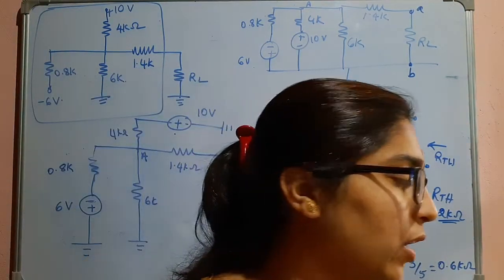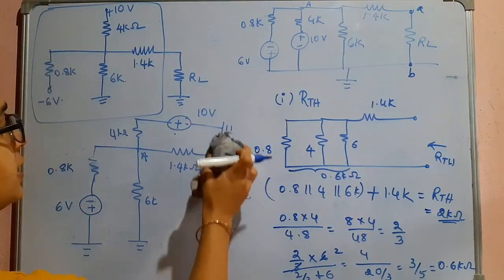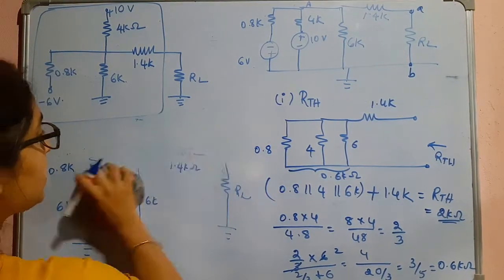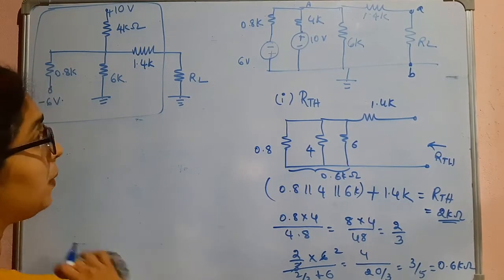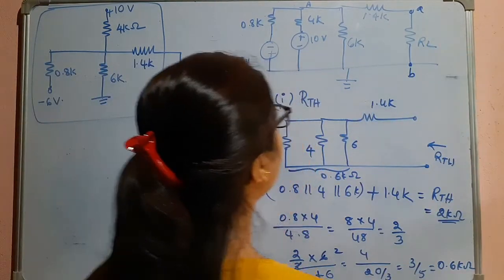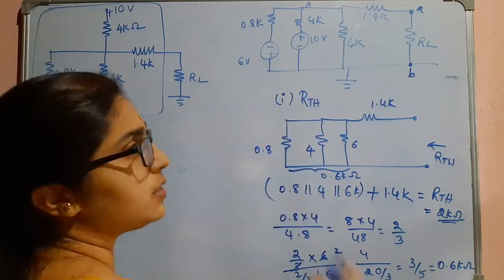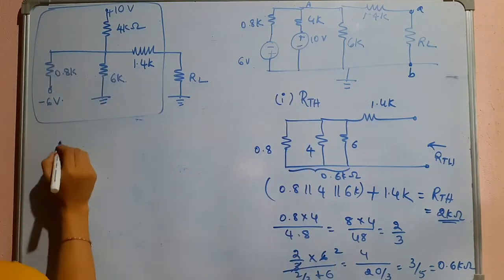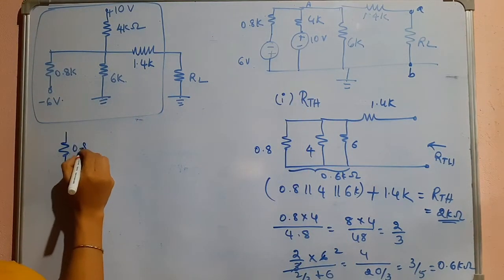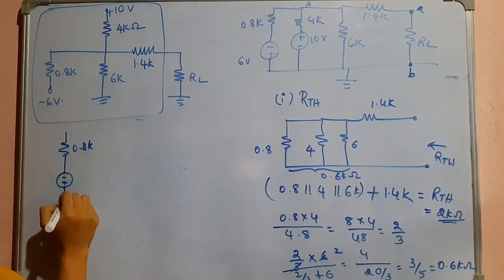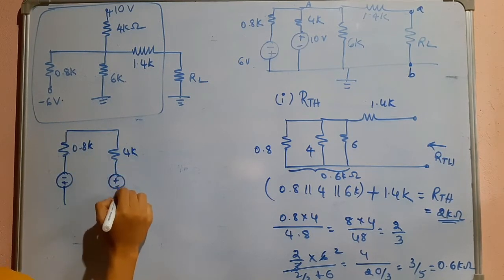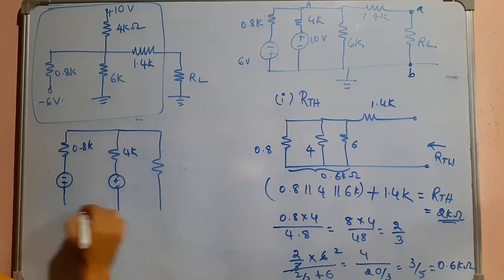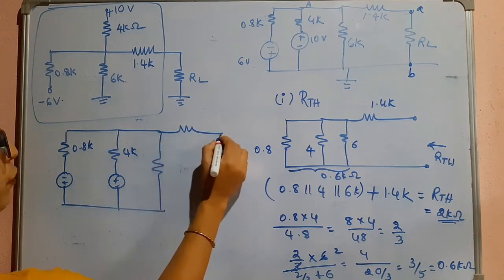Now let us find VTH. VTH is the open circuit voltage, where we are opening the terminals A and B. That means RL will be removed, and we will keep the voltage sources as they are. So this is 0.8K, this is minus plus, this is 4K, this is plus minus, this is 6K, and here we have 1.4K.